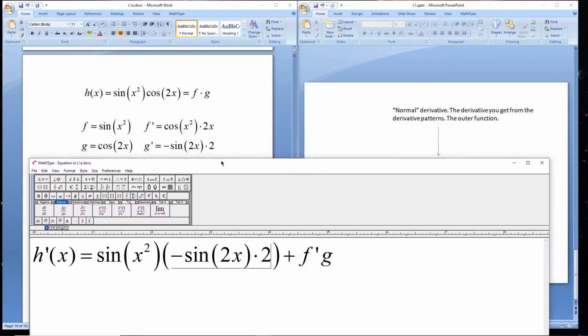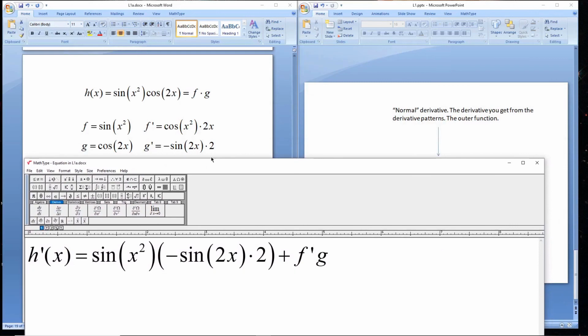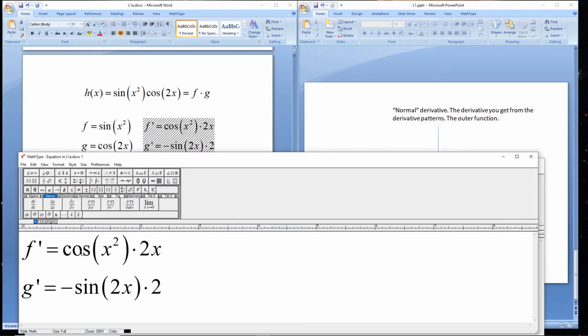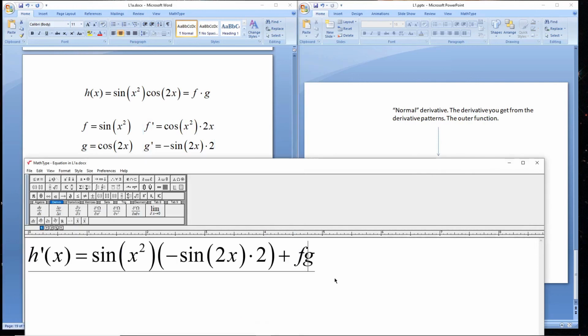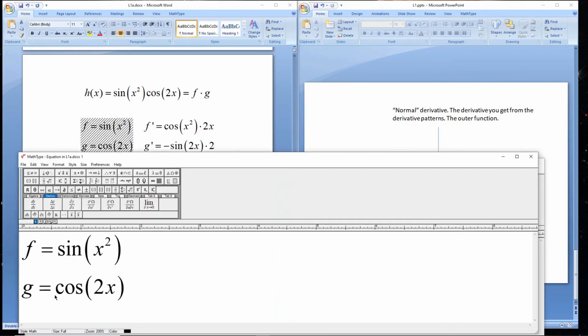Plus f prime. What is f prime? Here it is right here. And we'll stick that in. Here it is right here. We'll stick that in for f prime. And then finally g. g is cosine 2x.